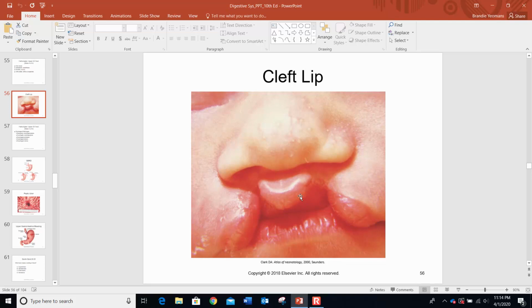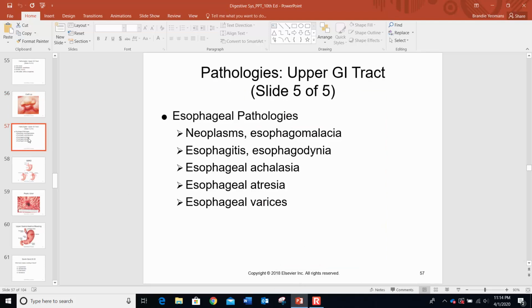So this causes a problem from the get-go, and we try to get those corrected as soon as possible. Then it also comes into play with speech. It typically will cause our patients to have speech problems, so we worry about that as well.